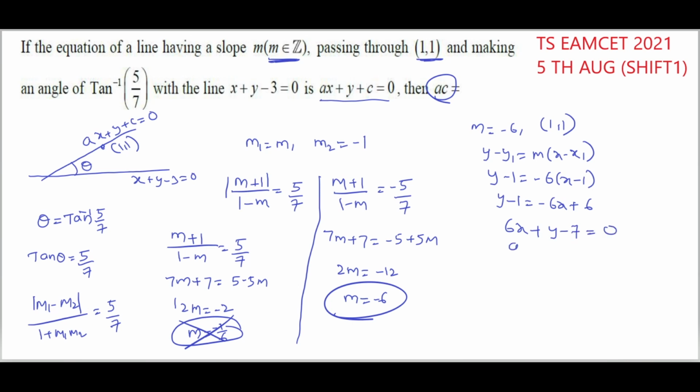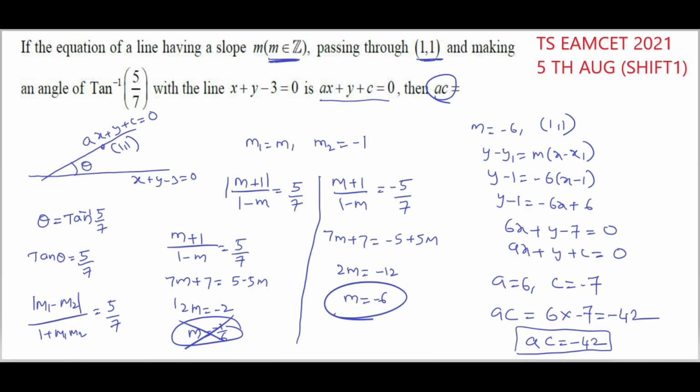This is given in the problem as ax plus y plus c equals 0. Here a value is 6 and c value is minus 7. Therefore, the product AC is 6 into minus 7, equal to minus 42.